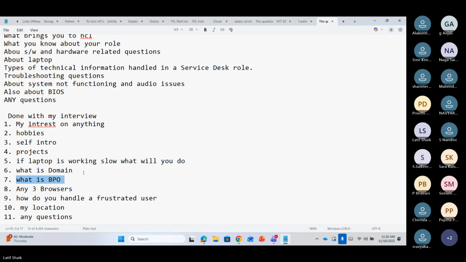So for handling customers, they use separate BPOs, business process outsourcing, for sales, services, support, and handling technical and non-technical issues. So separate teams are there in the BPO.